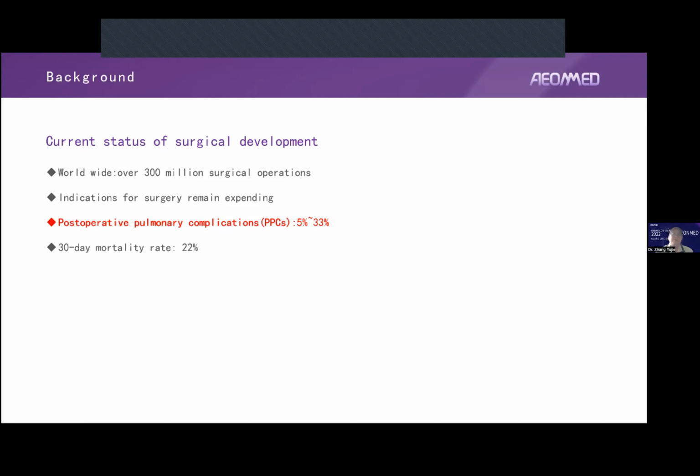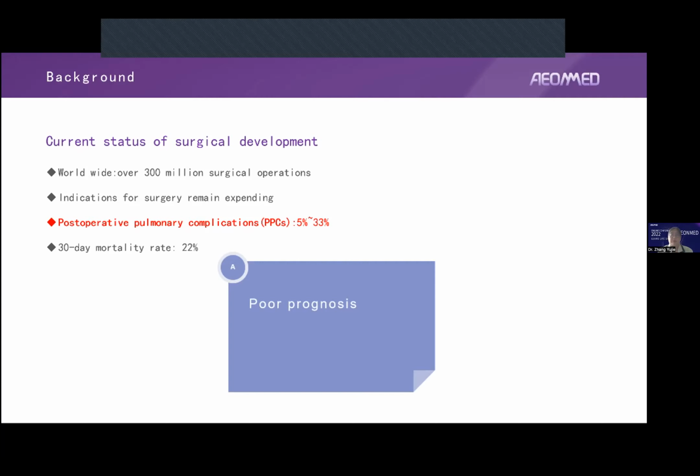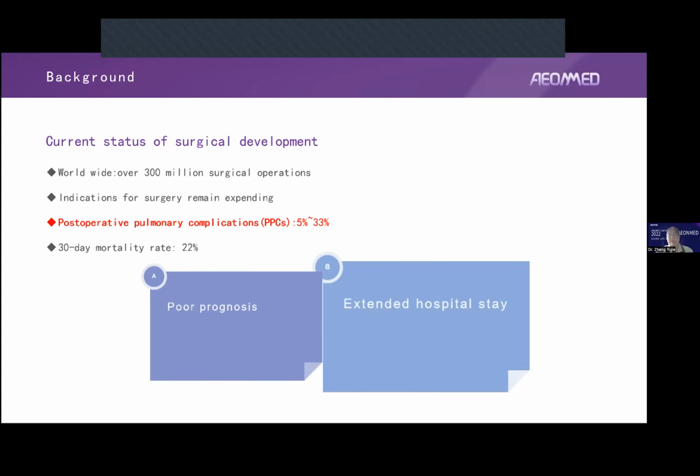When people suffer from PPC, the 30-day mortality rate could reach 22%, which is very high. And of course, it's not only a poor prognosis, the patient's hospital stay and costs are extended too.